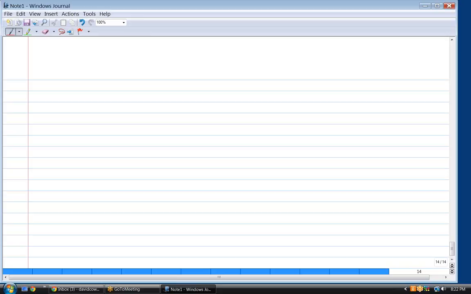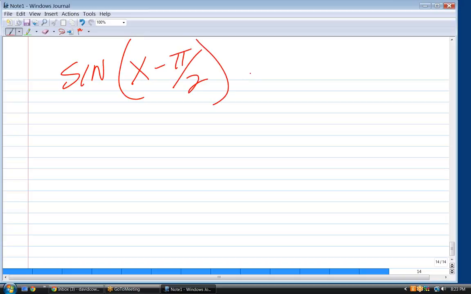Prove the identity. Okay. We could use the sum or difference formula, but there's an easier way to do it, the way we did the tangent one.